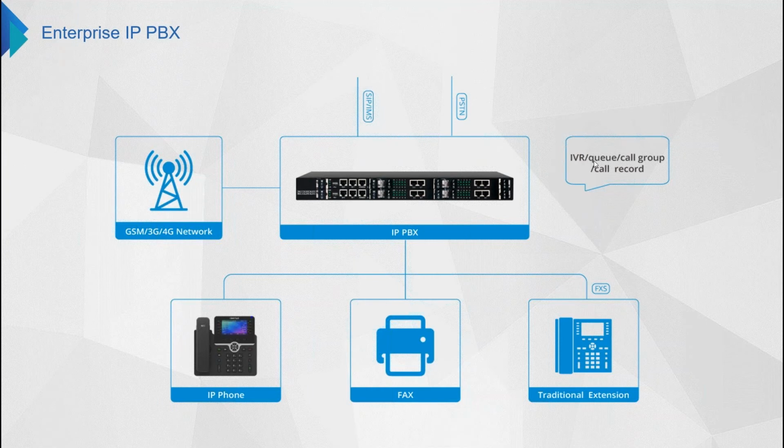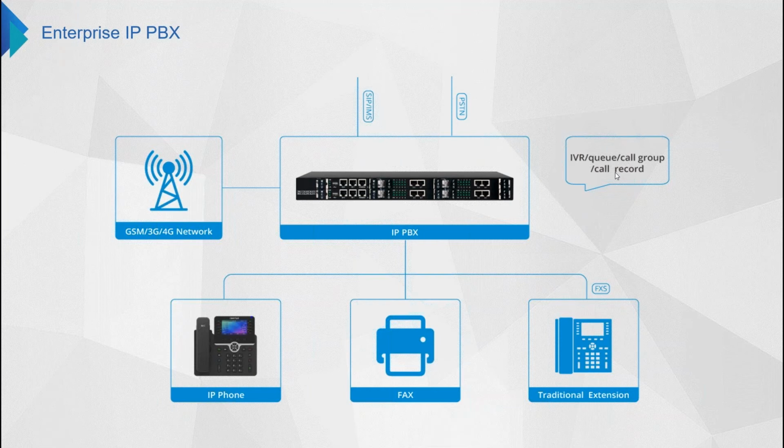And if customers sometimes need the PSTN for stability, we also offer E1 or T1, maybe FXO. You can connect to our E1, T1 port. Here inside our PBX, we offer some very popular features: IVRs, queues, call groups, or call record.